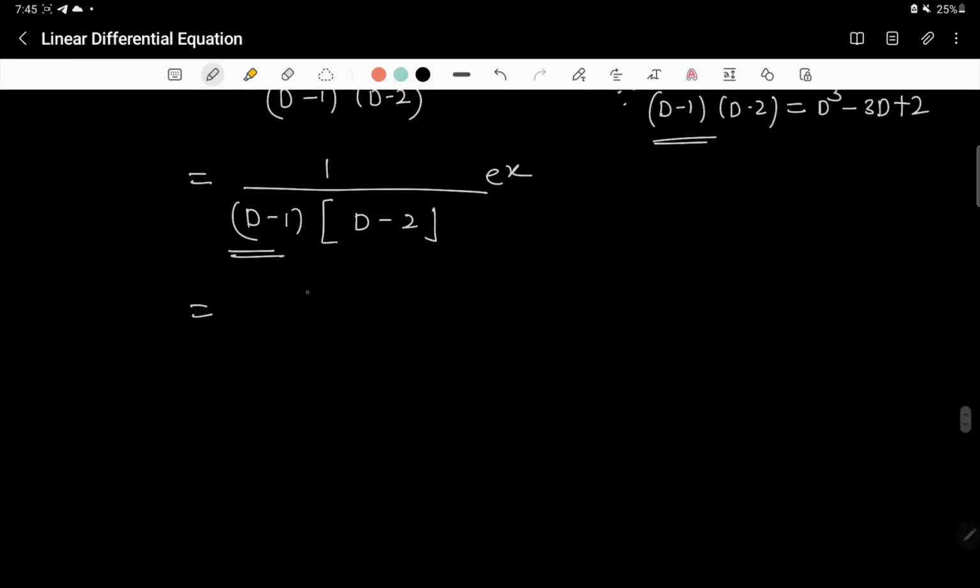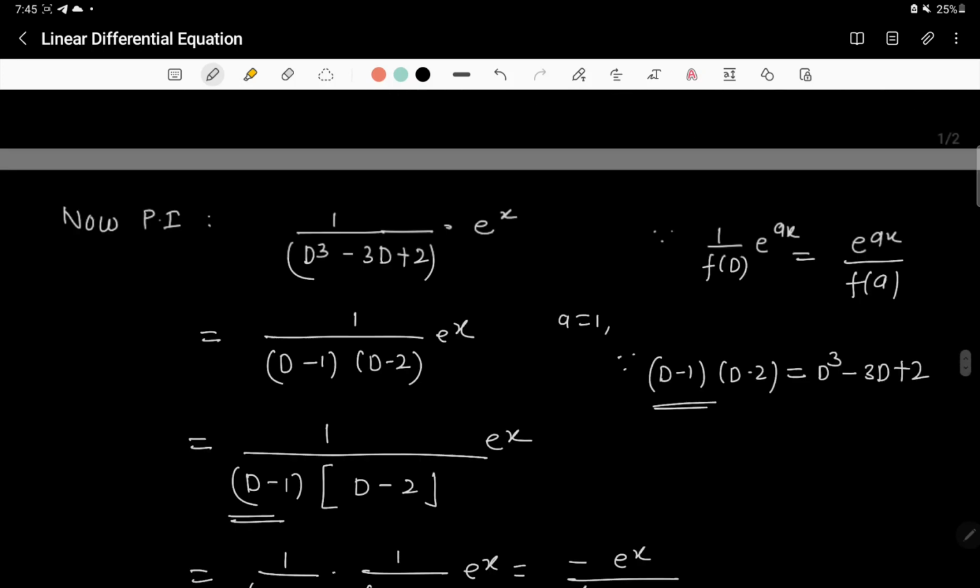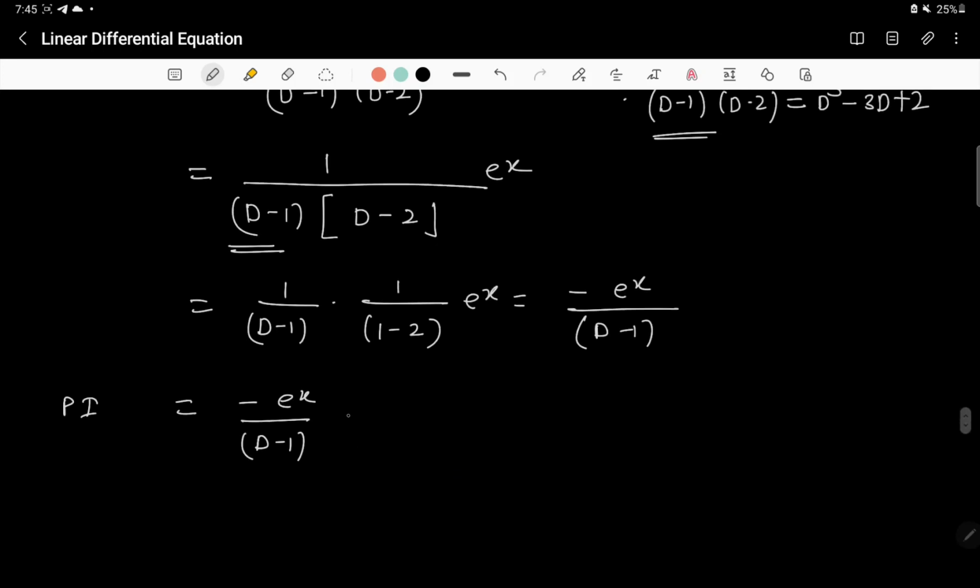So what is the solution now? Putting 1 into the other factor, 1 minus 2 gives minus, so we get minus exponential x over d minus 1 of exponential x. This is number 3.